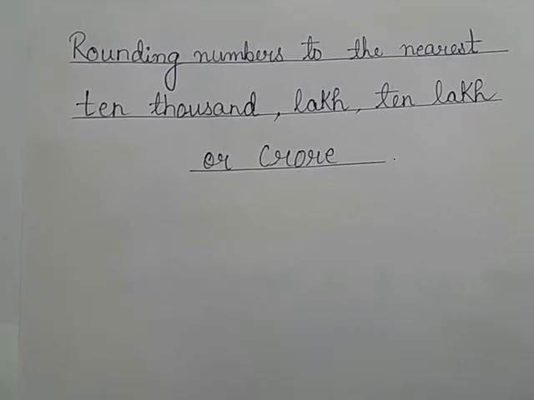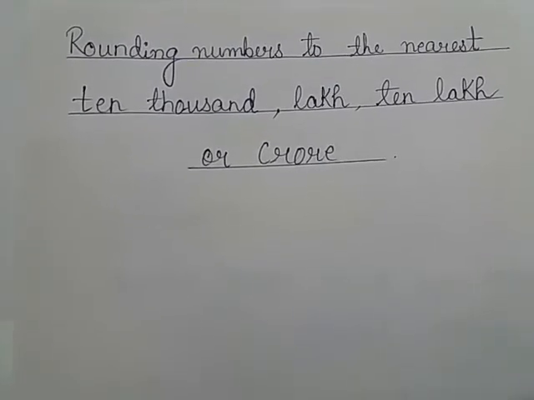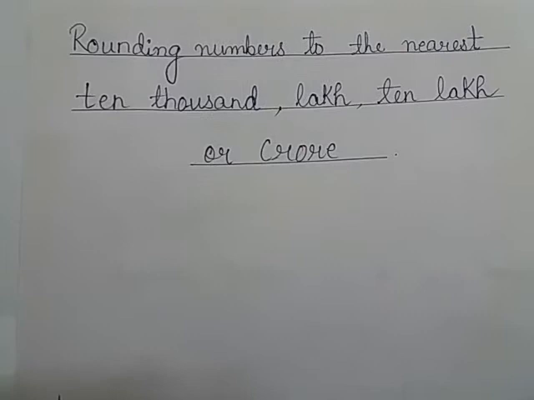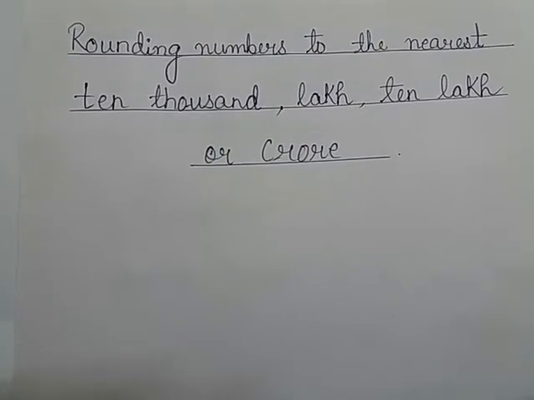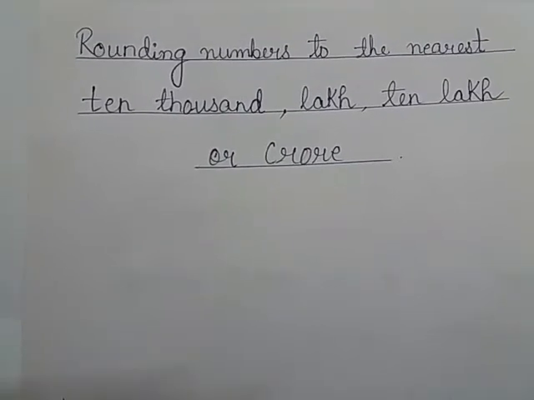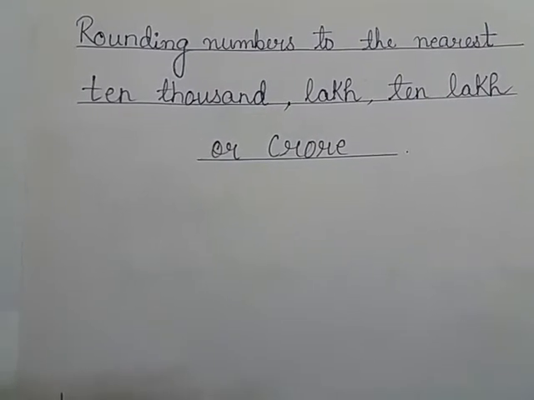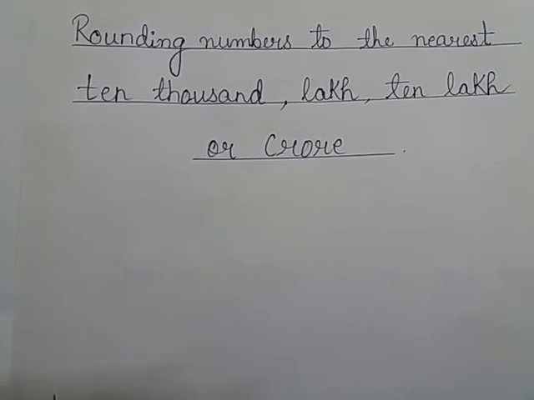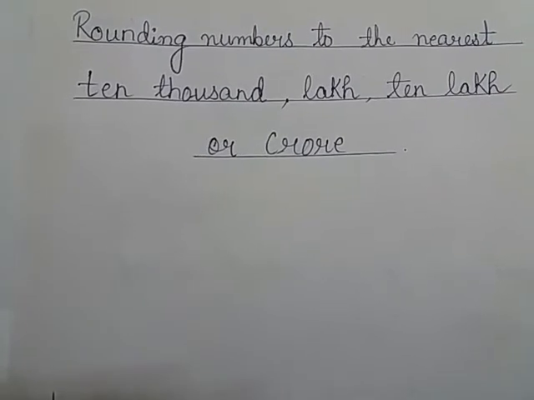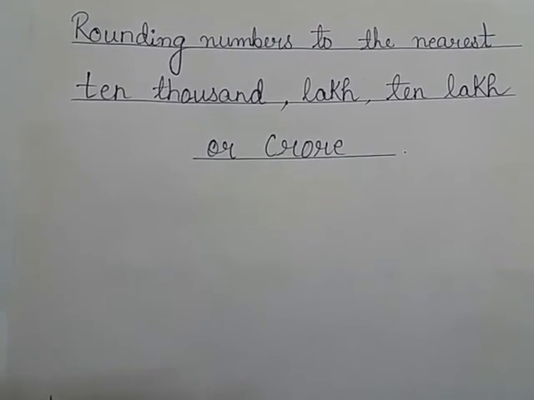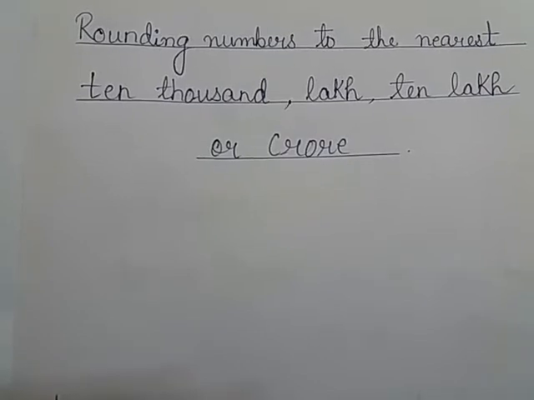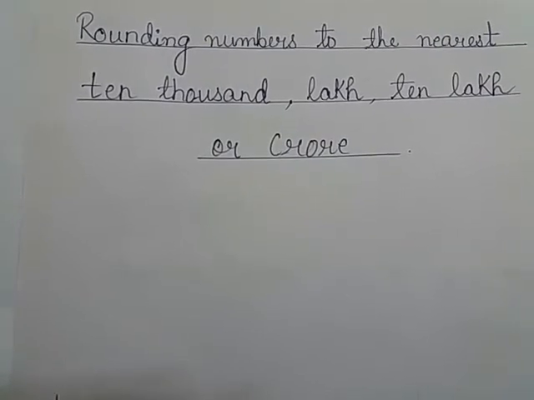Now students, in class 5 we are going to study rounding numbers to the nearest 10,000, lakh, 10 lakh or crore. Now from our previous videos we know how to round numbers, where if we want to round a number we have to look at the digit on the right of the place to be rounded.